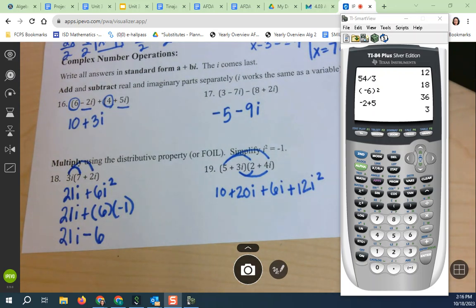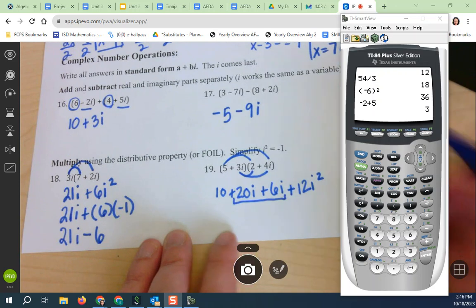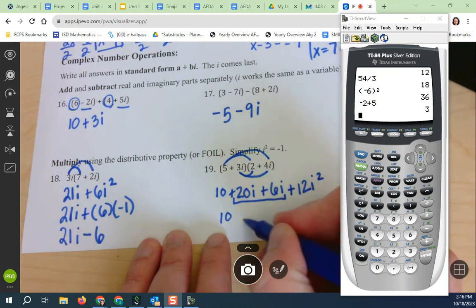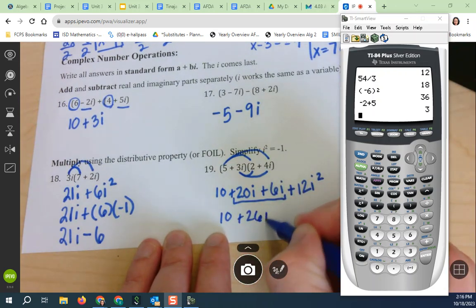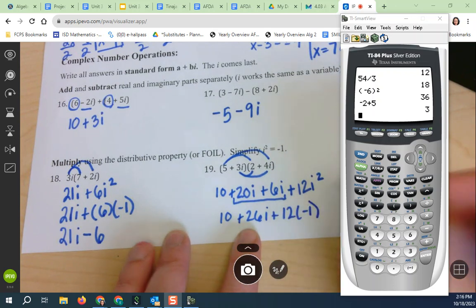All right, so these two can combine. And this one I can replace with negative 1. So I have 10 plus 26i plus 12 times negative 1.